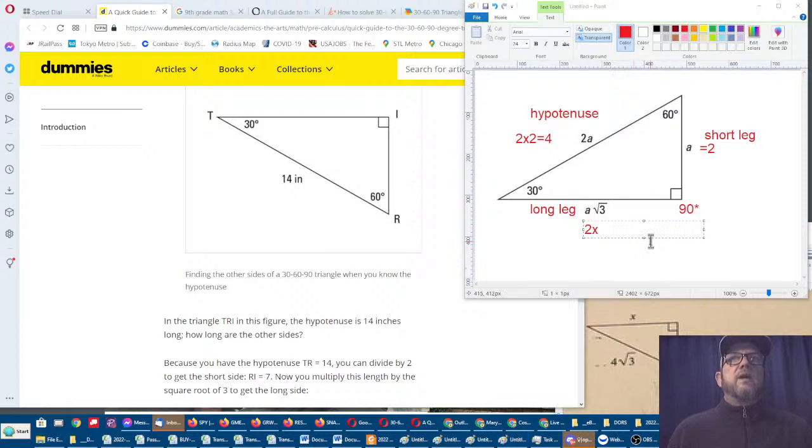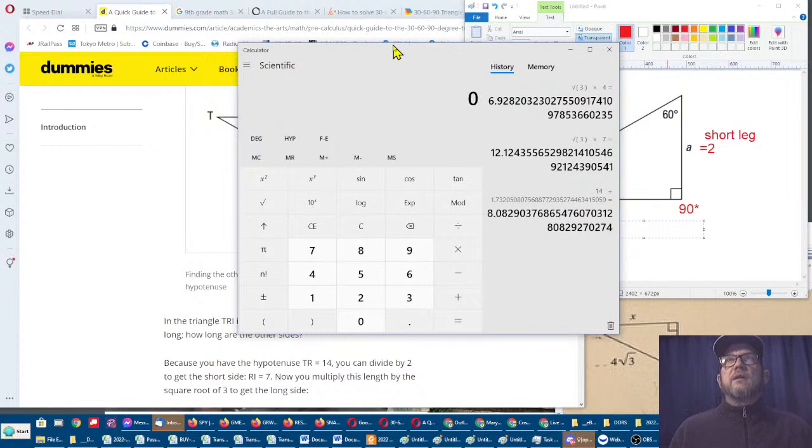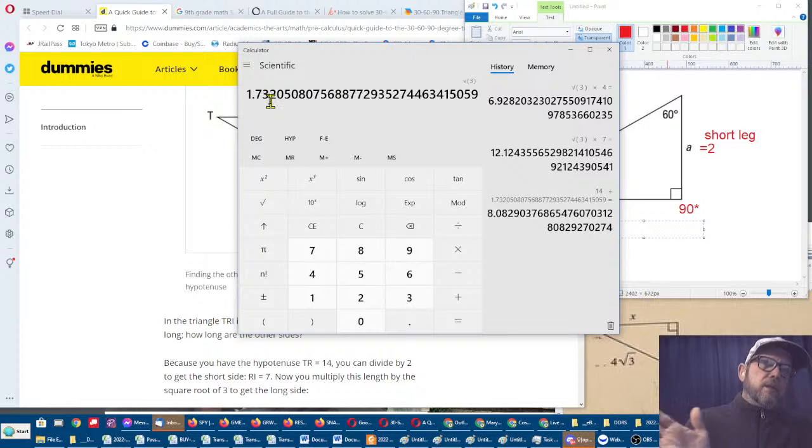Break out your calculator. On my calculator, there's a little check mark thing. That means square root. So let's type in 3 square root. And you know that the value is 1.73.